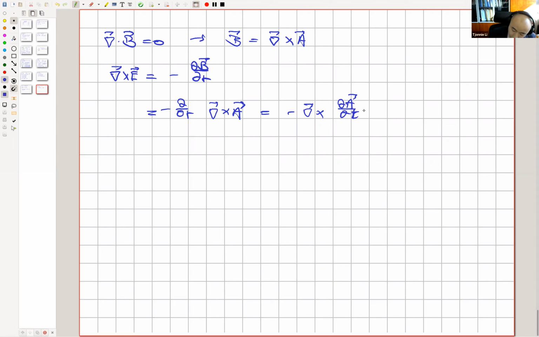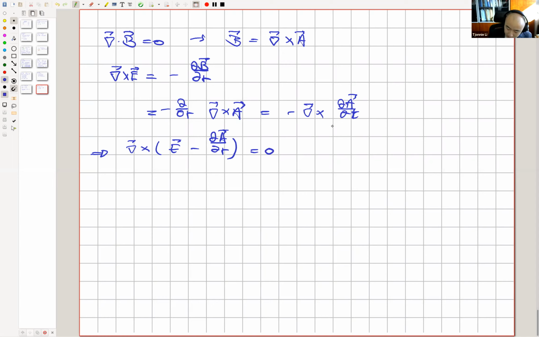But now we can define a field which is curlless. Hopefully you can see it from this equation that I can now write that the curl of not E, but E minus the time derivative of A, equals 0.